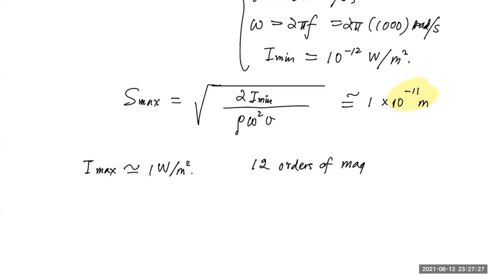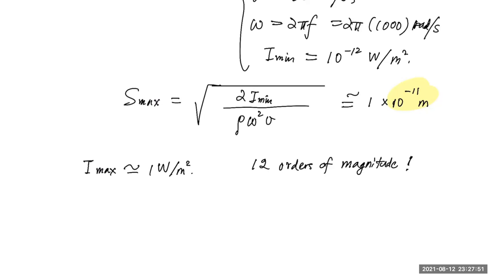So our ears are not only sensitive, but extremely flexible. We can pick up extremely faint signals. We can also tolerate much, much stronger signals, with a range of 10 to the 12, or 12 orders of magnitude.